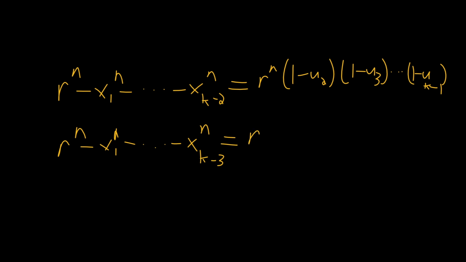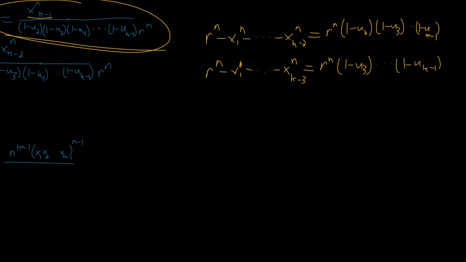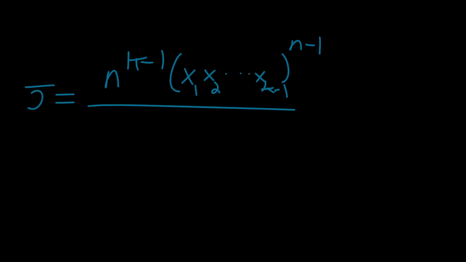And this is just r to the n, and that's just 1 minus u3, ... all the way to 1 minus uk minus 1, right? So in doing so, what we find is that, first off, we have an r to the n being multiplied by itself k times. So what we actually have in the denominator right here is just an r to the nk.